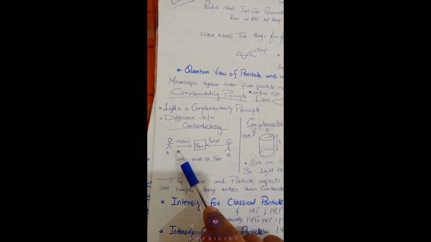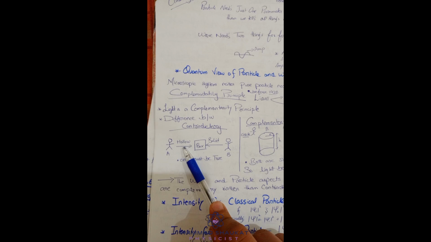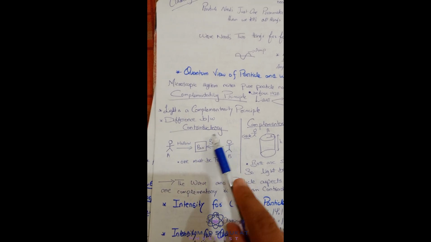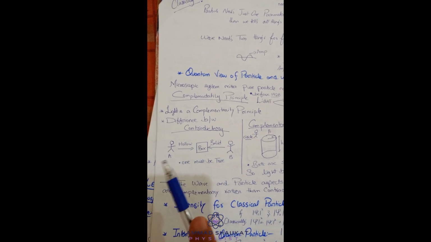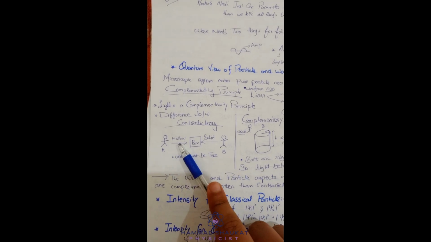There must be one person who is right and the other must be wrong, because there is only one particle and the shape must be only one. This is a classical particle, it does not change its position or shape. So either A is correct or B is correct; both must not be true.